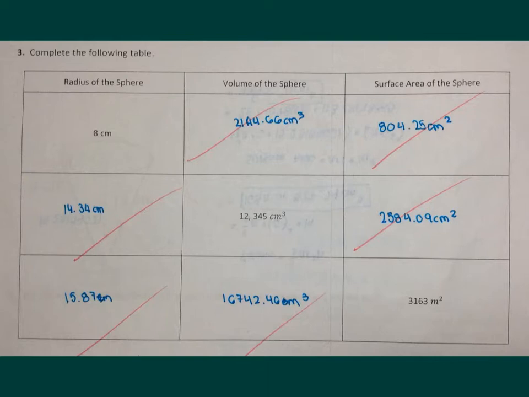So let's recall our formula for the volume of the sphere, and the volume is basically 4/3 pi r cubed. So all you have to do here is to change the r by 8, and that will make this equation 4/3 pi and then 8 raised to 3.